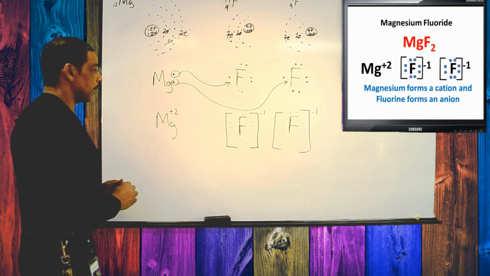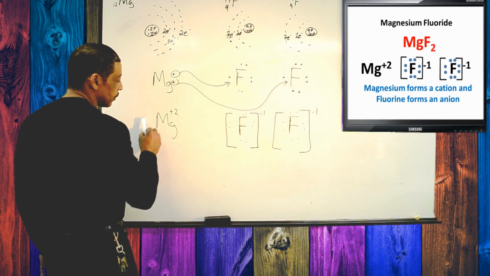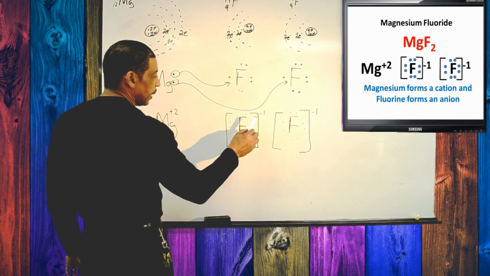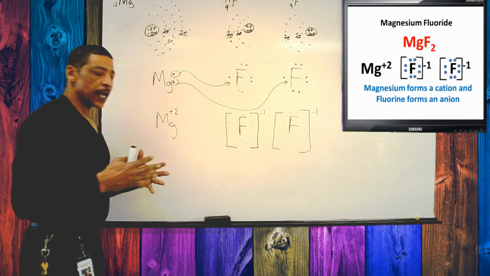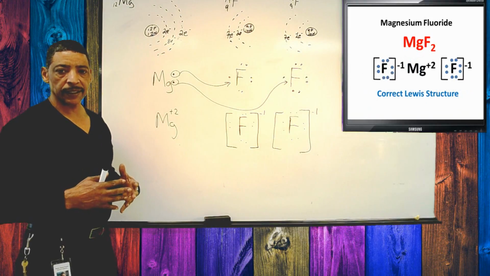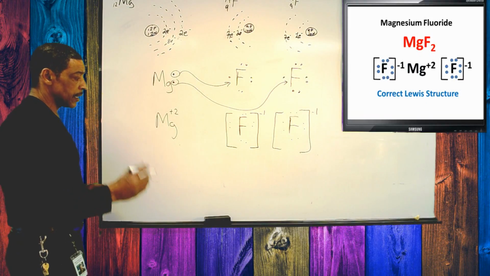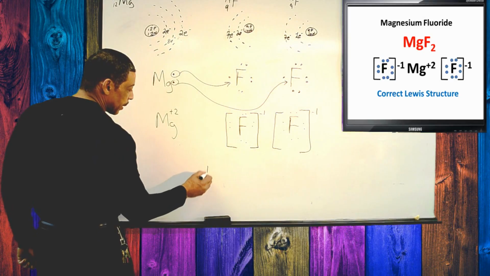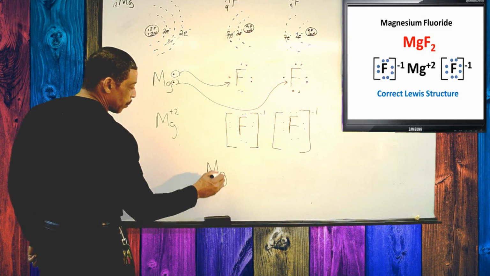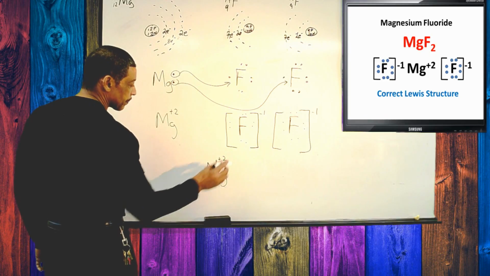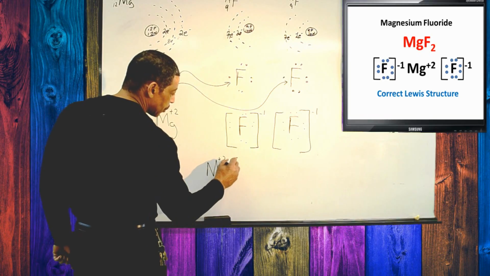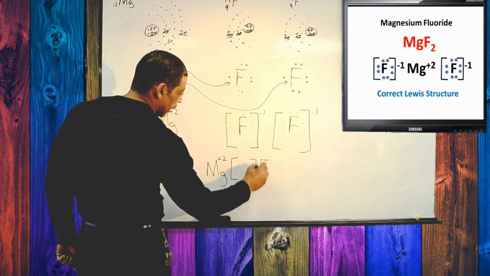At this point, the positively charged cation and the negatively charged fluoride anions will attract each other electrostatically to form an ionic compound. And the ionic compound is written as follows, where we write the cation in the center, surrounded by the two fluoride anions.